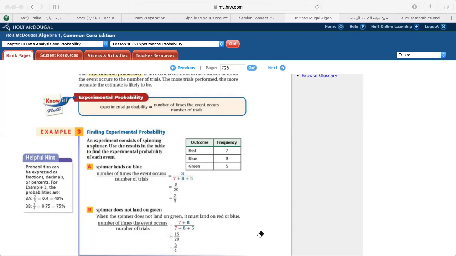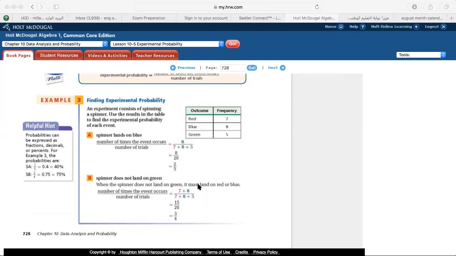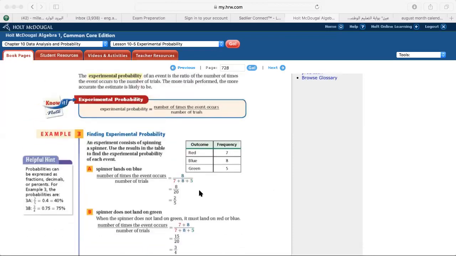And in the denominator, I will write all the trials as we used to do, 7 and 8 and 5, which is 20. The blue and the red are 15, so 15 over 20, when I simplify it, will be 3 over 4. And this is called the experimental probability.